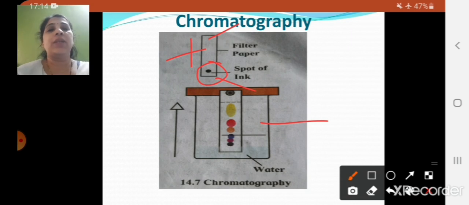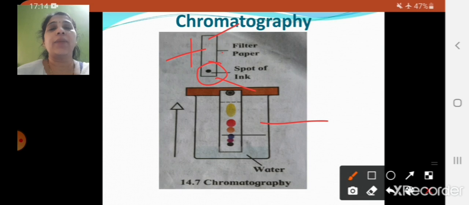Now you will keep this filter paper in the beaker containing water. In the beaker you are going to take water and keep this filter paper in the beaker in the upright position. That means the spot of the ink will be down in the water, and then you will place the lid on the beaker, right, and then you will wait for some time.